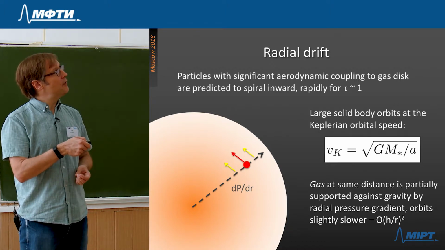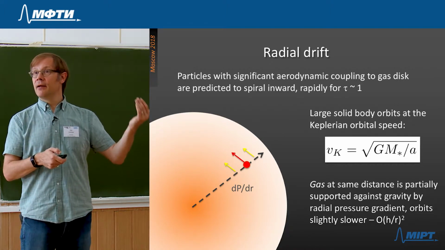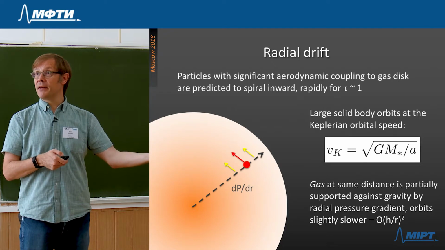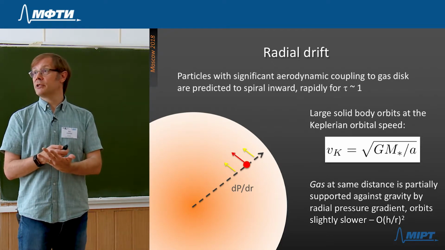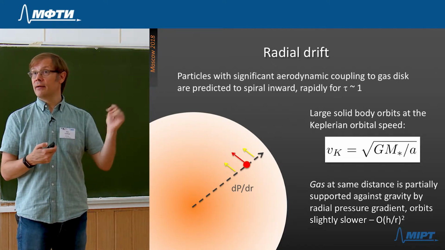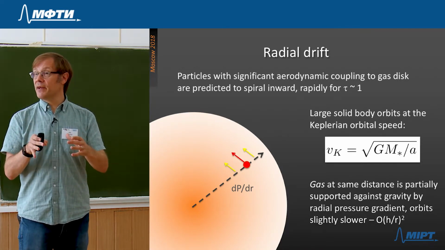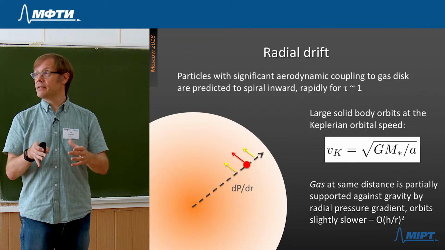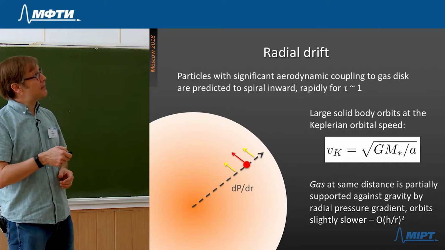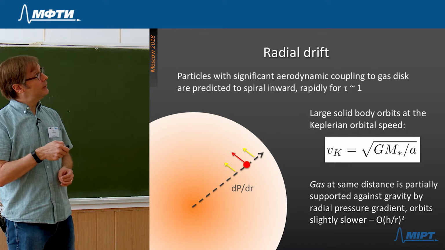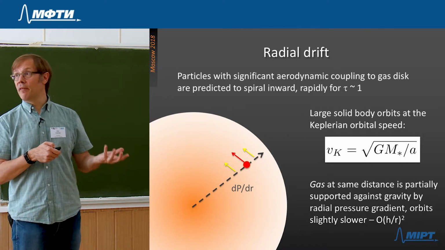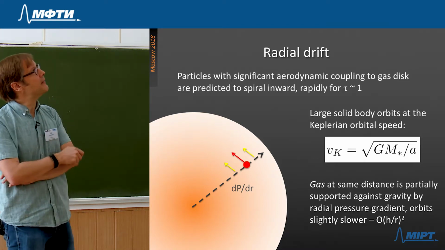For the moment, let's assume we have high pressure in the inner part of the disk and low pressure at larger distances, so the pressure gradient is acting outwards. It will partially support the gas in the disk against the force of stellar gravity. As a result, the velocity of the gas in the disk is a little bit smaller than Keplerian.